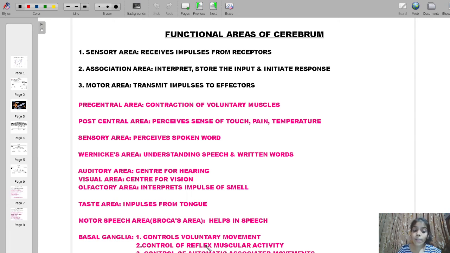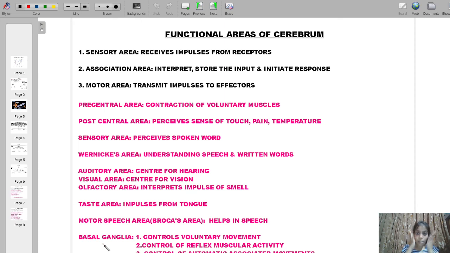So when the neurons of basal ganglia start degenerating, the person suffers from Parkinson's disease. If you have seen any person suffering from such a disease, the hands will always tremble like this.